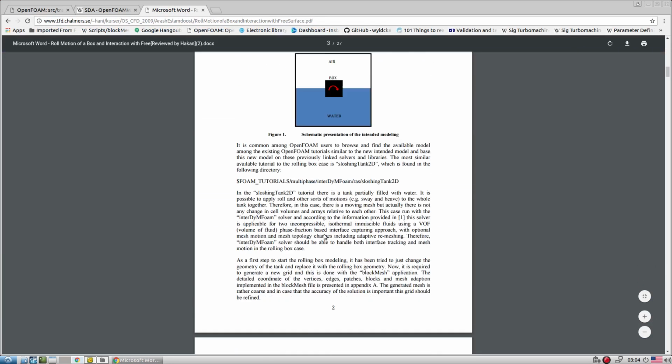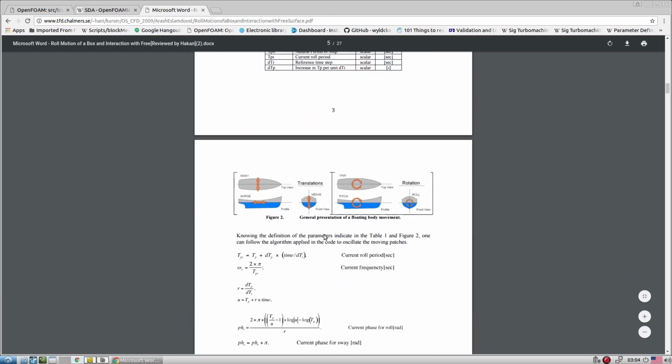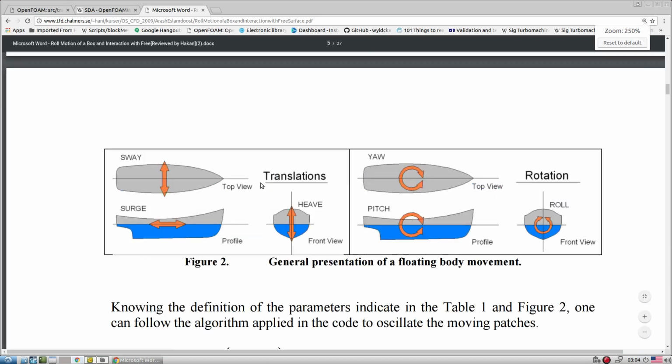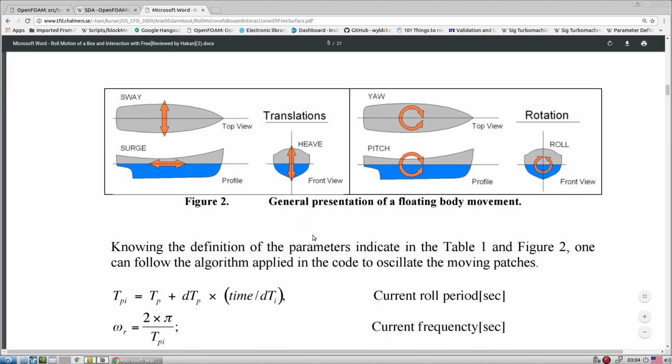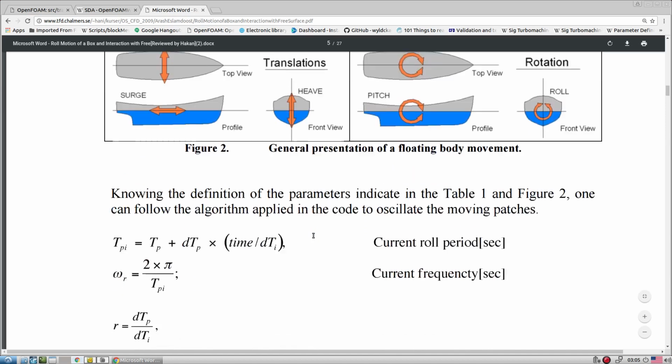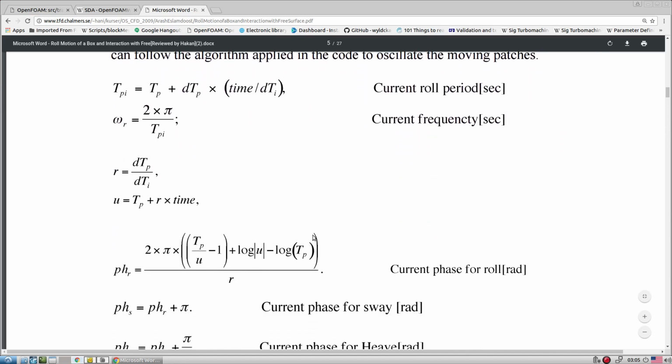Here they discuss a couple of things, like all these entries about all the motions. So translations and motions: this is sway, surge, then this is yaw, pitch, rolling, heave. All these definitions they mention very nicely in this one report, and all other quantification also.